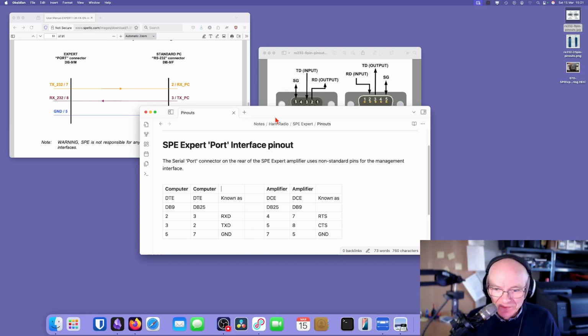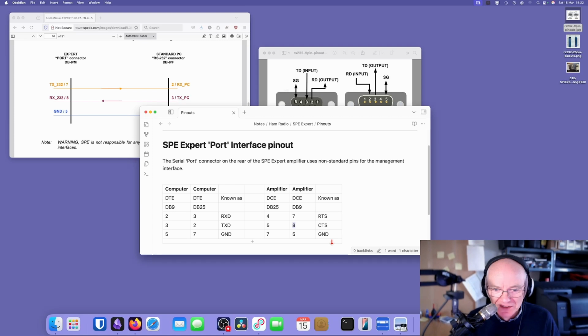Just to help me do this, I created a little table which basically says, if you're using a DB9 connector on the serial adapter and the 9-pin connector on the back of the amplifier, then you need to connect pin 2 to pin 7 and pin 3 to pin 8 and pin 5 to pin 5 for the ground connection.